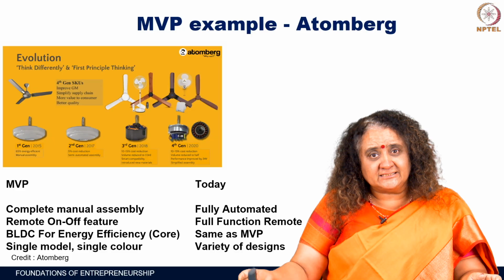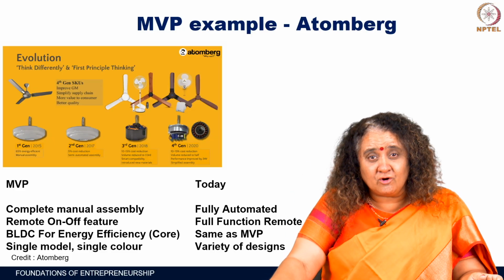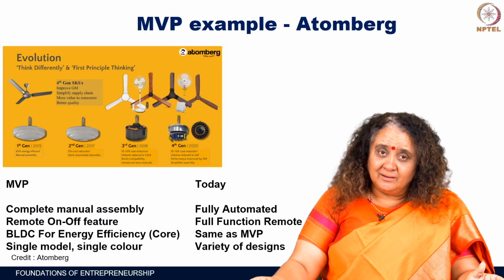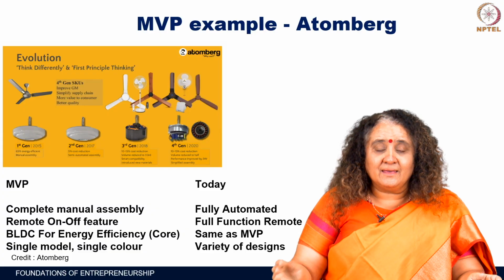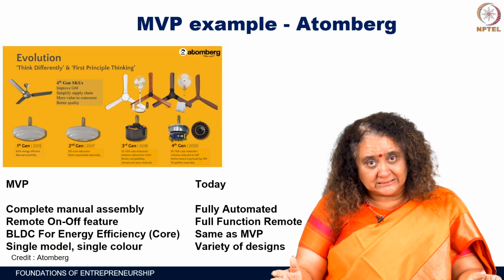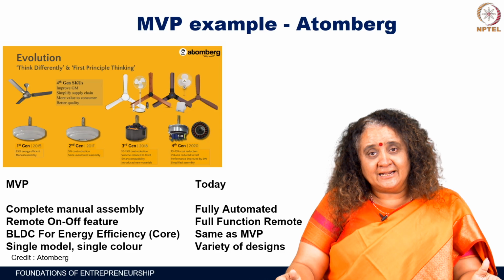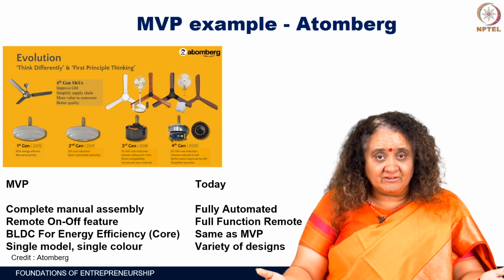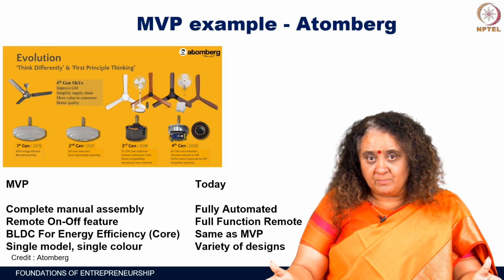What has changed is the functionality or the ergonomics or the usefulness of the remote and the variety of designs that they have. So this is an example of starting with an MVP and then building with feedback from customers and adding attributes and features and adding dimensions that customers want, saving cost, but launching with an MVP.